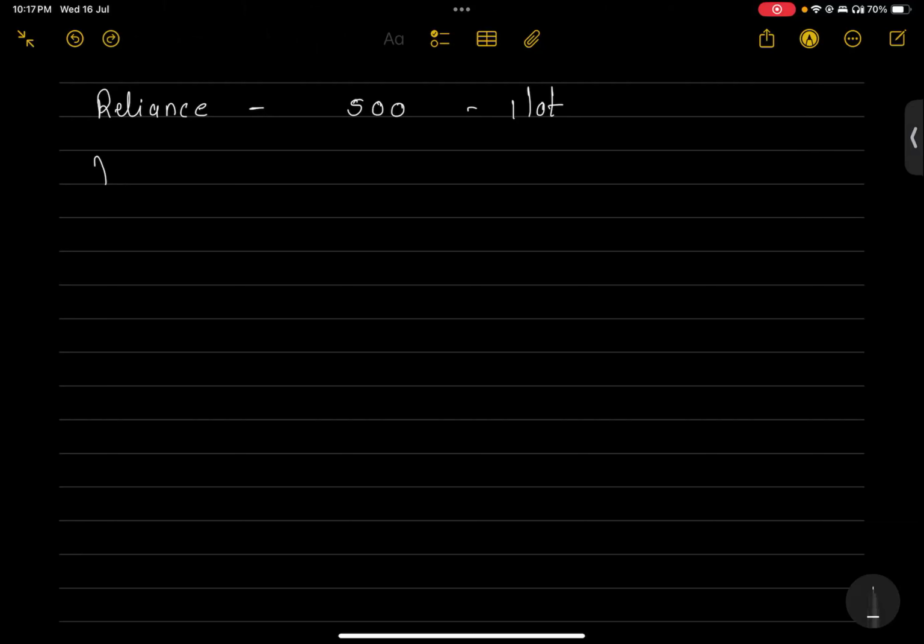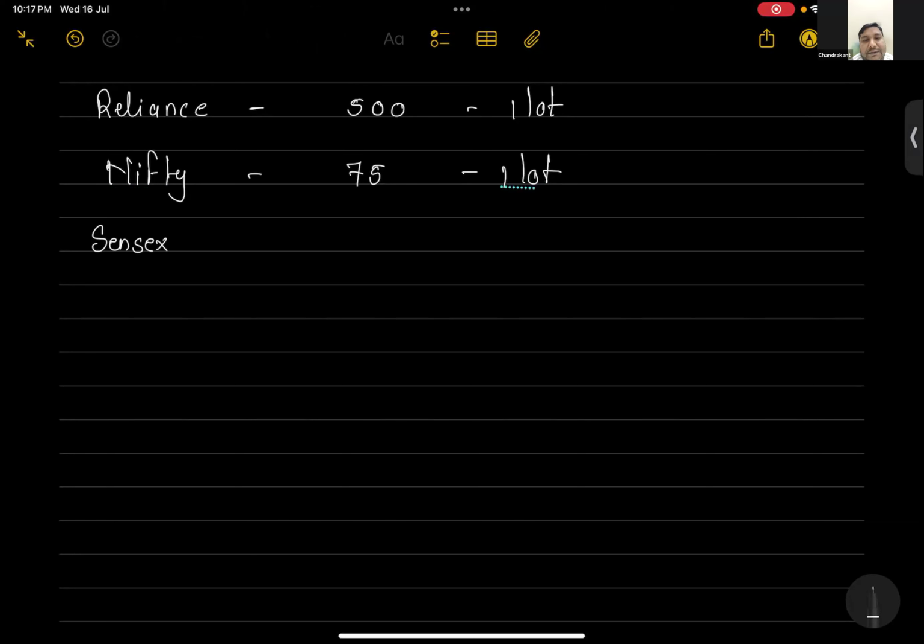Any guesses? Can anyone guess? It's 75. Yeah, 75. Okay. What's the lot size of Sensex? It's 20. Very good. Perfect.